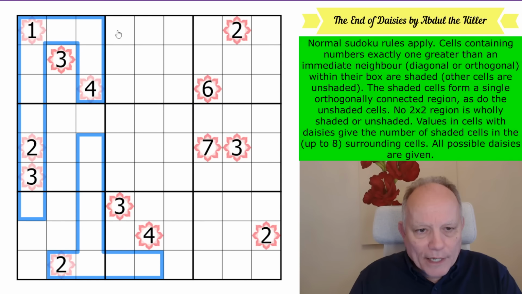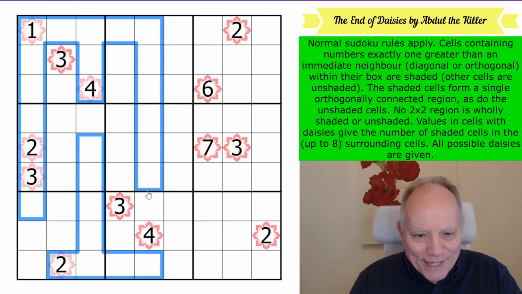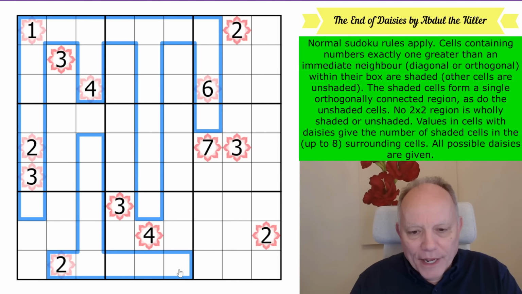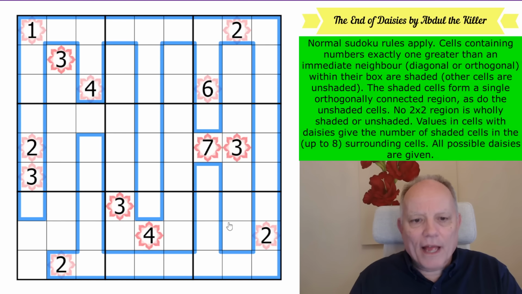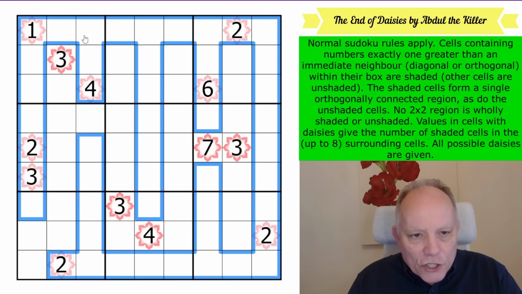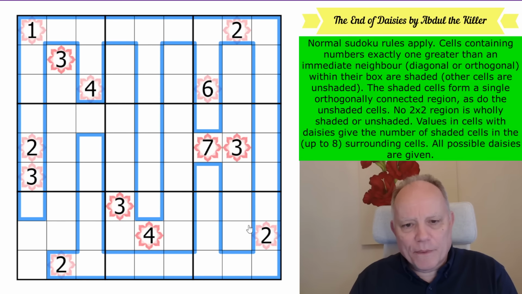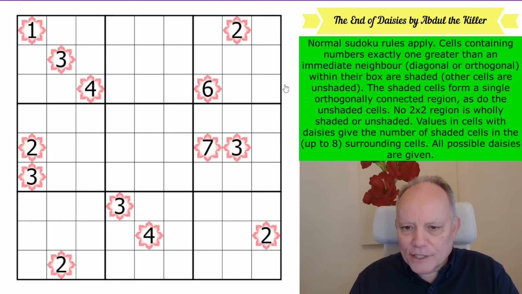Oh, maybe I've thought of an algorithm for doing it. Here we go. That is a possible yin-yang region. If I shaded the area I've got highlighted, that would be fully shaded. There's no 2x2 regions and it's all connected. And the unshaded region would all be connected as well and no 2x2 regions.